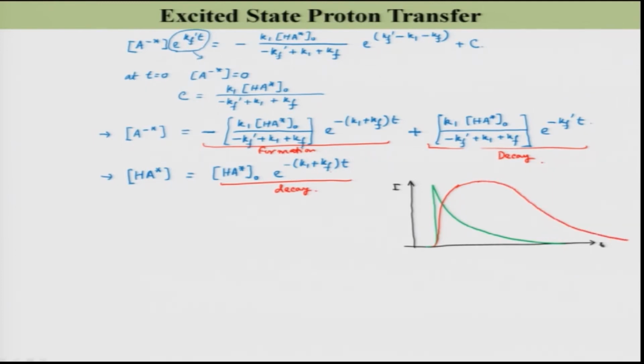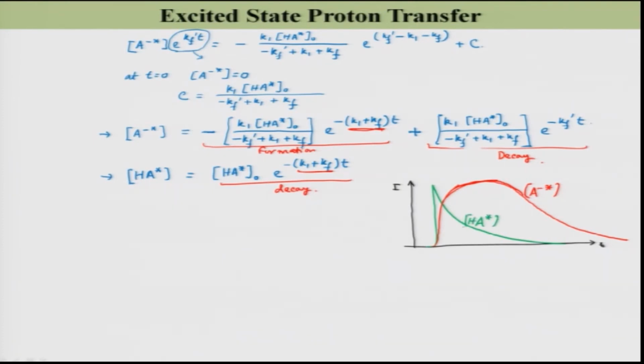Now, you see for the formation this rate constant and for the decay this rate constant are exactly the same. That is why I draw the formation from here till over here and then it starts decaying. So, this is for the A minus star and the other one is for HA star.